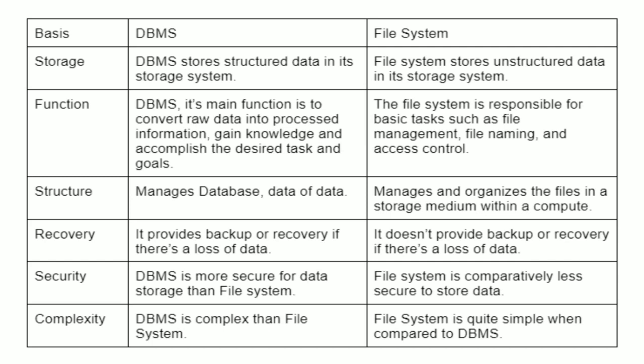But a file system doesn't provide backup or recovery if there is a loss of data. Fifth one is security. DBMS is more secure for data storage than a file system. A file system is comparatively less secure to store data, as the end user directly accesses the file system. But in DBMS the end user interacts with the DBMS application.